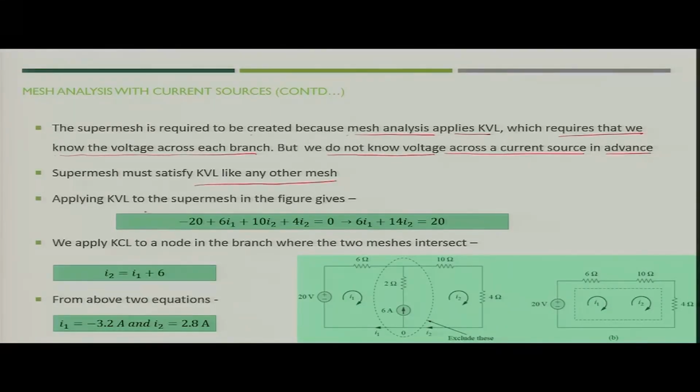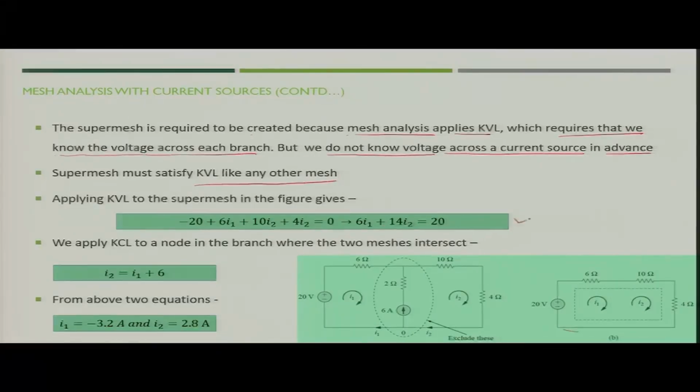If you apply KVL to the super mesh, it will start with minus 20 plus 6 I1 plus 10 into I2 plus 4 I2 equal to 0. If you simplify it, you get 6 I1 plus 14 I2 equal to 0.